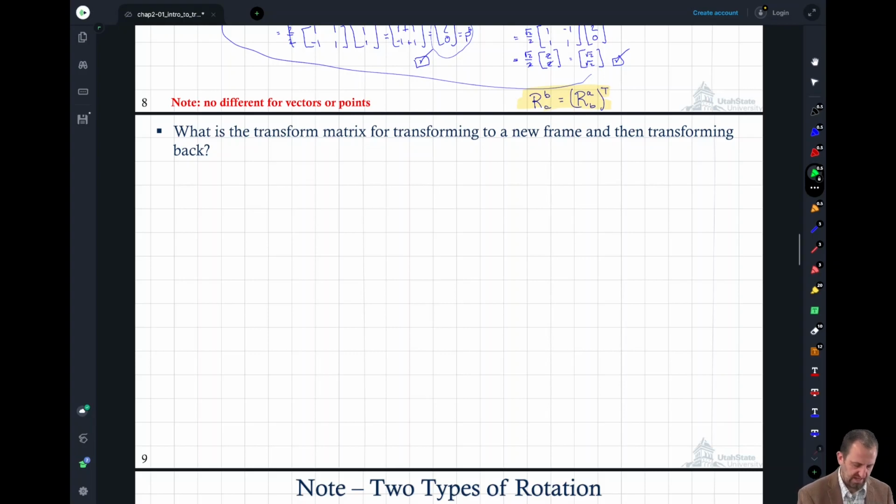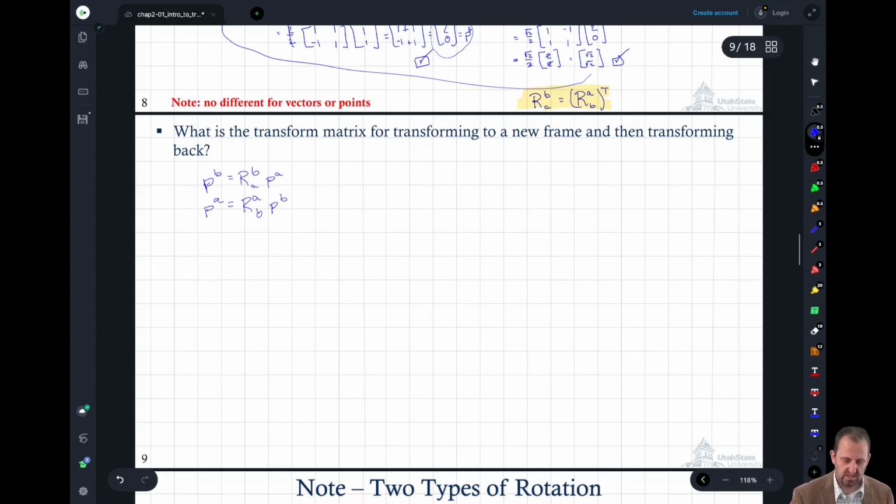So to write that down, I want to say that we have that PB is just equal to the RAB times PA, and we have that PA is equal to RBA times PB. So we have these two relationships.